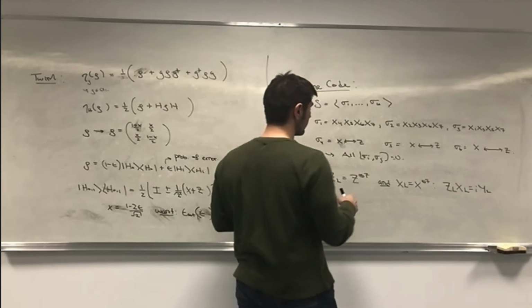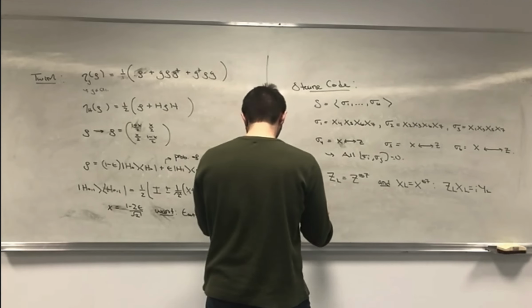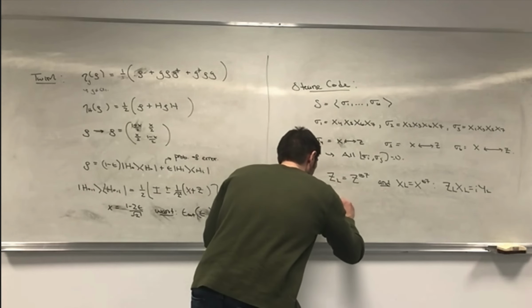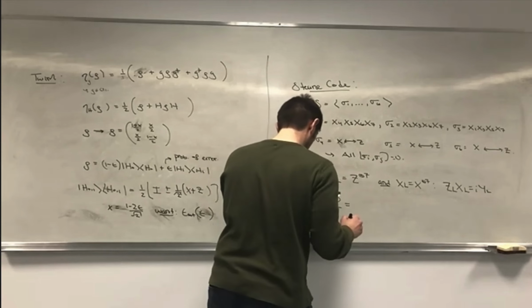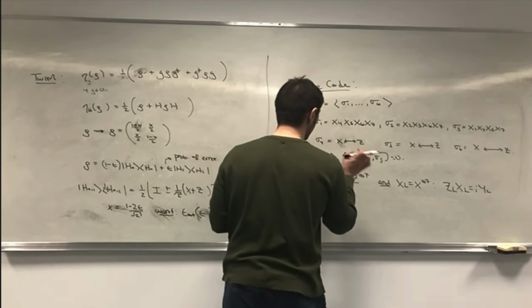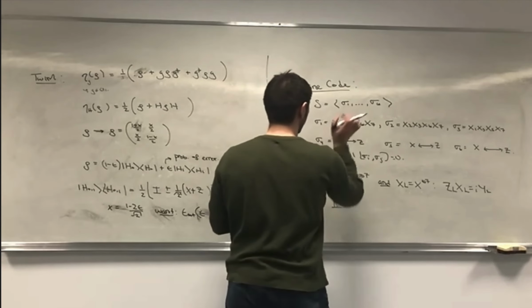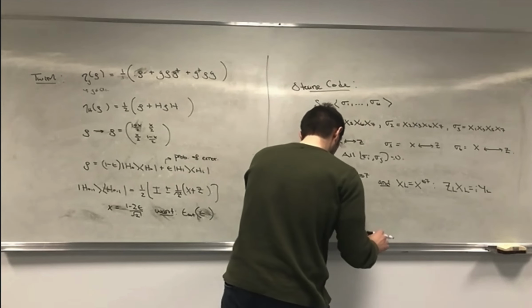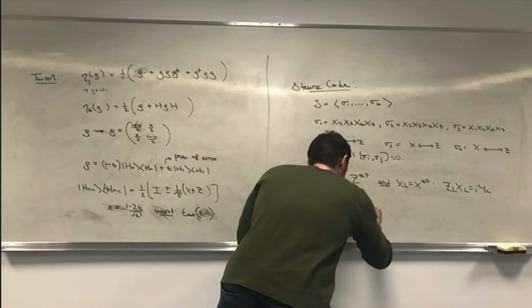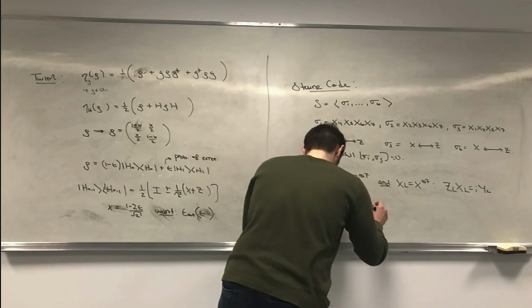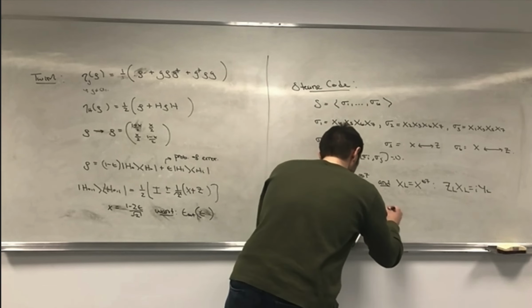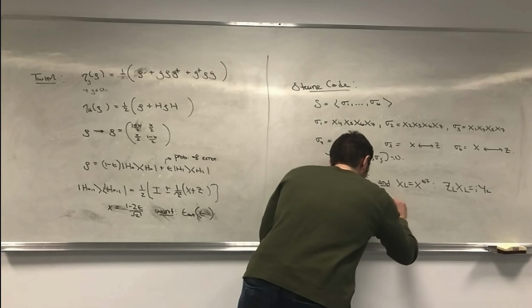So we will also define the following projector onto the eigenspace, the all positive eigenspace for these generators. So we have that P equals the product from i equals 1 to 6 of 1/2 (I plus sigma i).